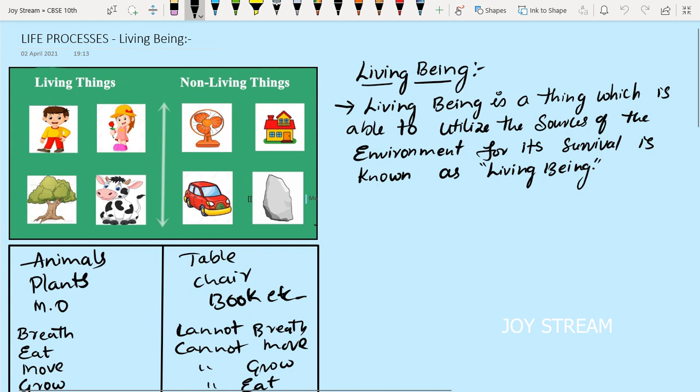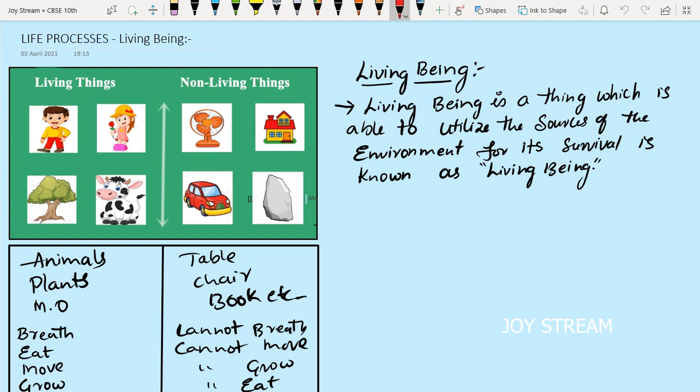So, what is the definition of a living being? What does a living being do? A living being is a thing which is able to utilize the sources of the environment for its survival. As human beings, we are living, we are said to be living beings. We have life. We utilize the sources of the environment.